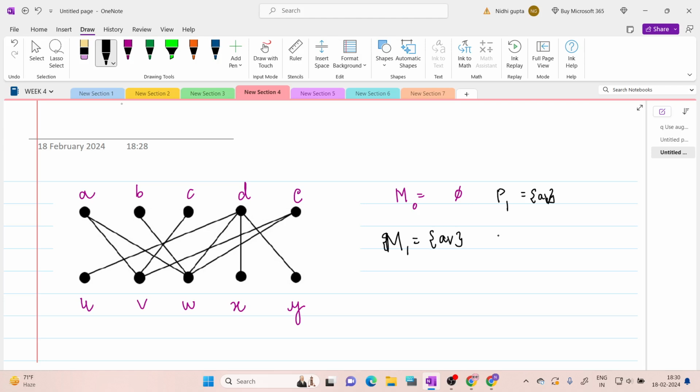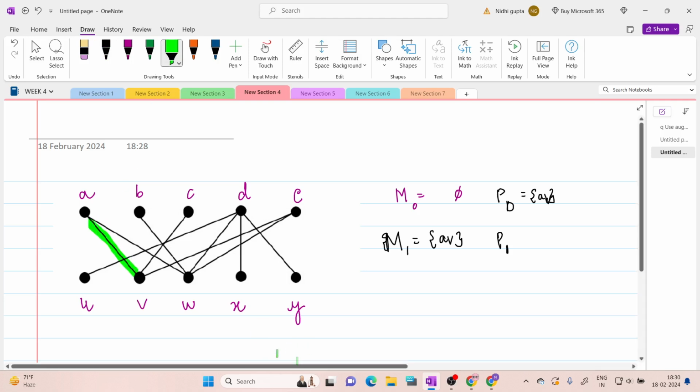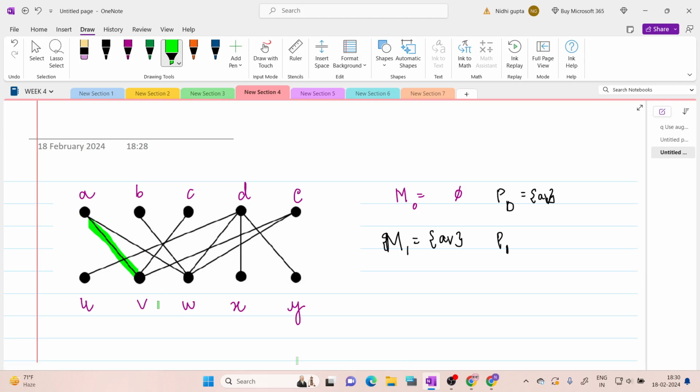Now can you give me an augmenting path with respect to M1? So M1 is AV. All the other vertices other than A and V are unmatched. An augmenting path should start with an unmatched vertex, end with an unmatched vertex, and alternate between unmatched and matched edges.